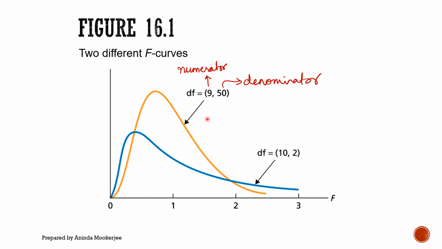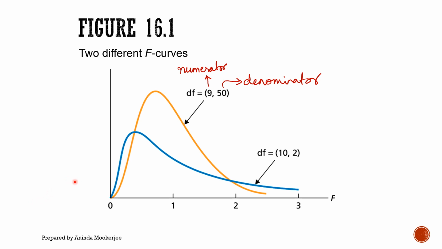Just like with the T curve or the chi-squared curve, with the F curve as well, as the DF values increase, the curves look more like a normal curve, but keep in mind they are not normal curves. F and chi-squared curves are hinged at 0. They do not take negative values like the Z curve or the T curve.